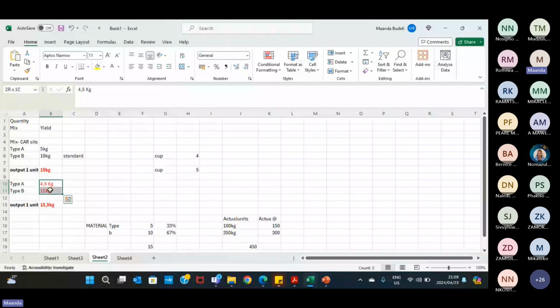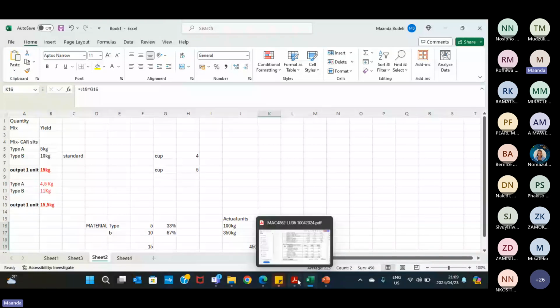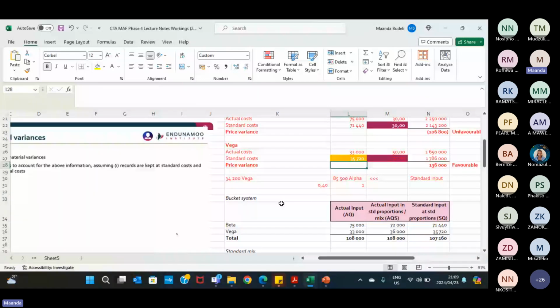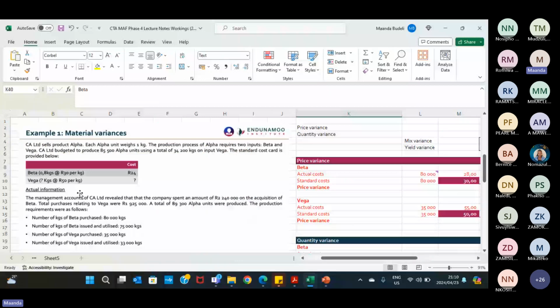So let's go back to the example. What I'm going to do, I'm going to say, all right, what is my standard mix that I normally need? And my standard mix that I normally need is 0.8 and 0.4 to make 1 unit of alpha. That is the standard mix that I know, to say that I take 0.8 kg and 0.4 to make 1 kg, right?